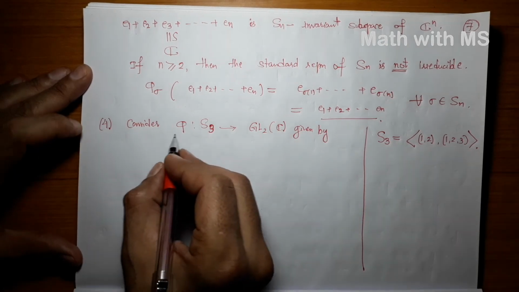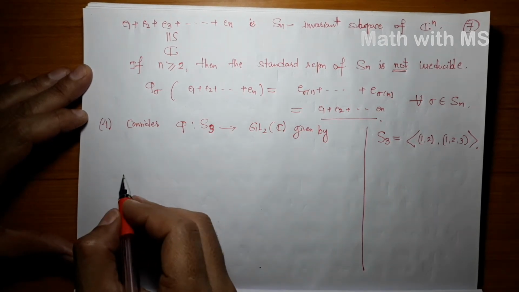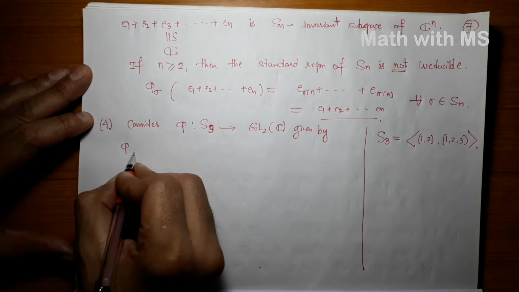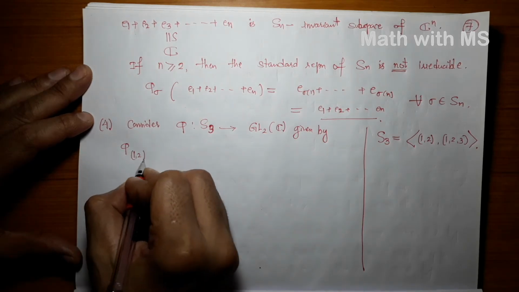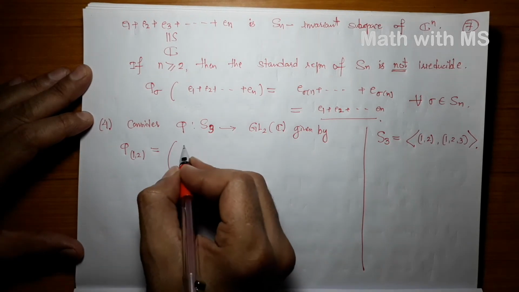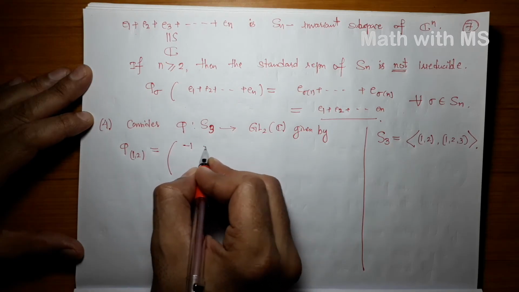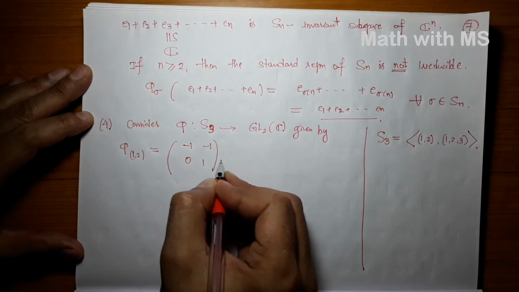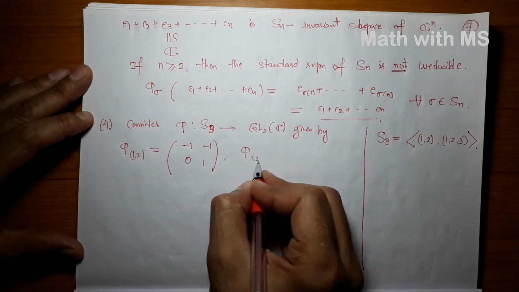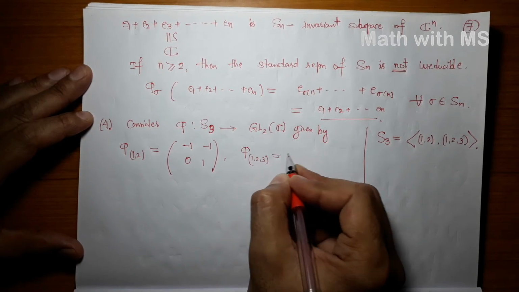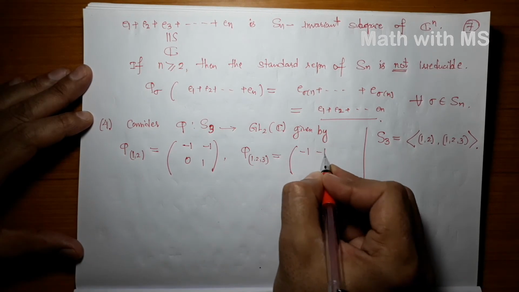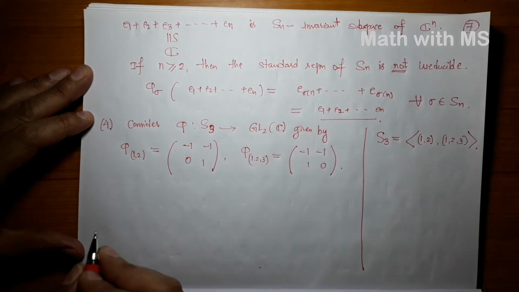So consider this map phi from S3 to GL2C given by, phi of (1 2) is the matrix -1 -1 0 1, and phi of (1 2 3) is the matrix -1 -1 1 0. Look at this.